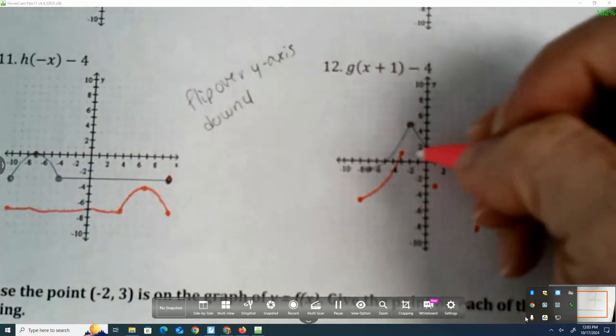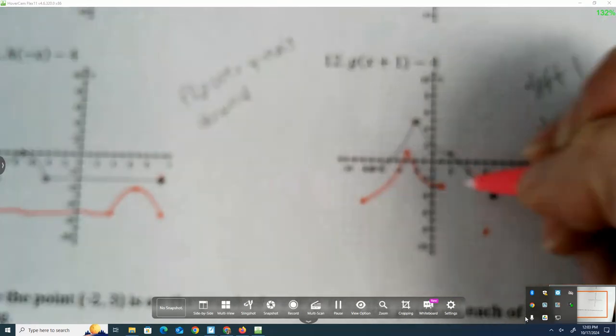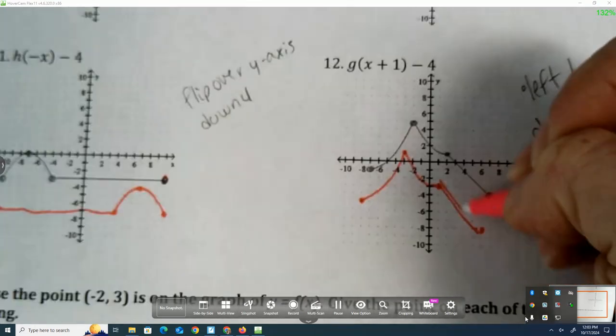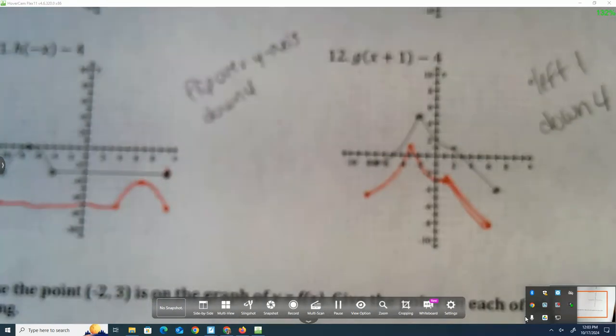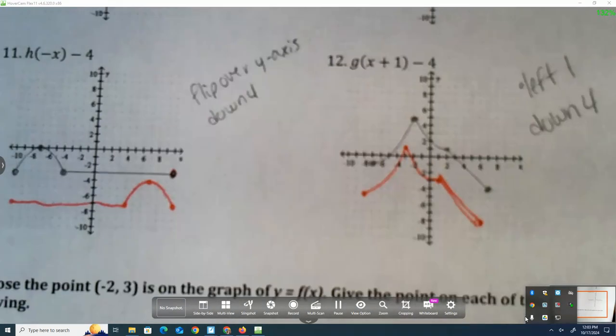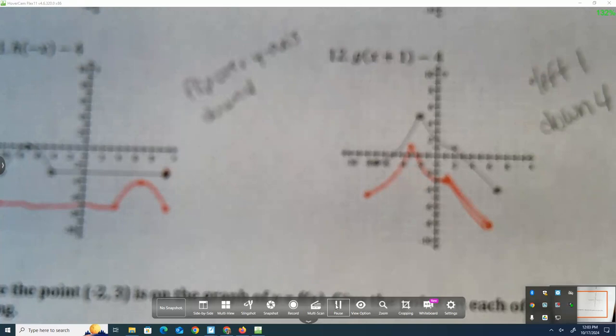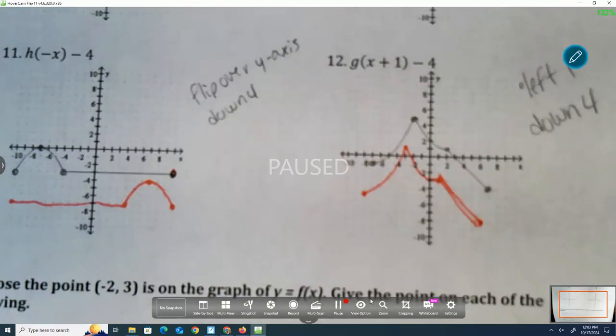And then just copy the shape of your graph. Any questions there?